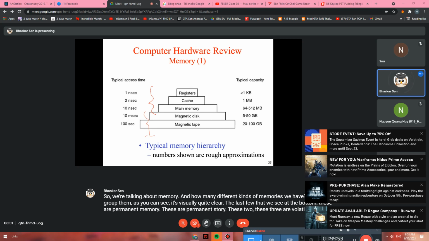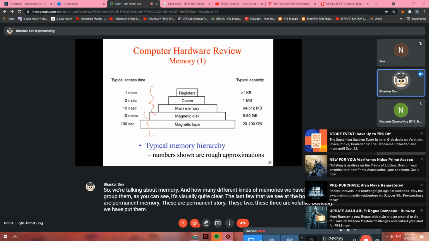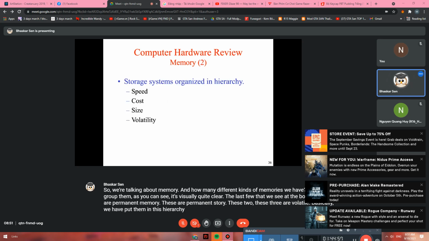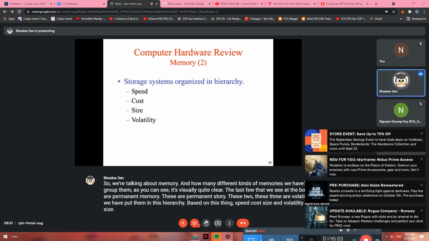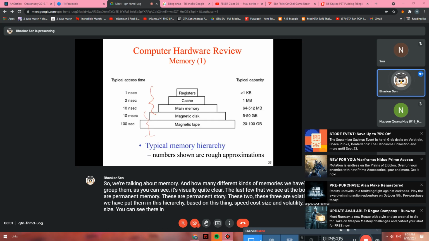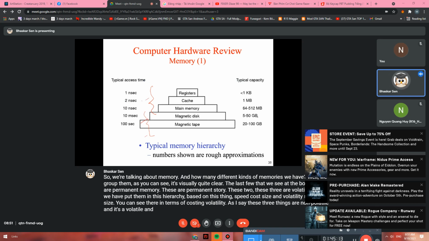Basically, we put them in this hierarchy based on speed, cost, size, and volatility. Speed and size you can see there. In terms of cost and volatility, these three are volatile and these two are non-volatile.